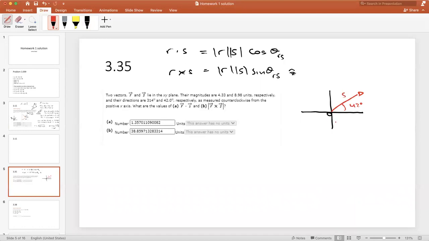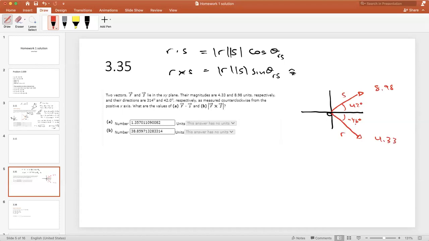If I go all the way around to 314 degrees, I find R. However, I can also go the other way. 360 minus 314 is 46, right? So this angle is negative 46 degrees down to R. And S has a magnitude of 8.98 and R has a magnitude of 4.33.